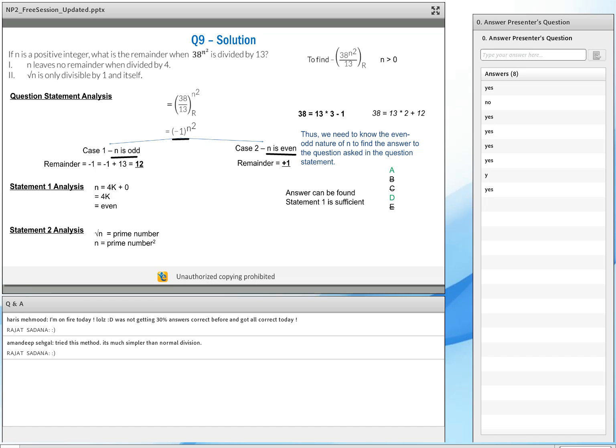Which means n could be 2 square or 3 square or 5 square or 7 square. Now, a square of a prime number can be even or it can be odd. So we don't know whether n is even or n is odd. Hence, statement 2 is not sufficient, which means my correct answer again is choice A.